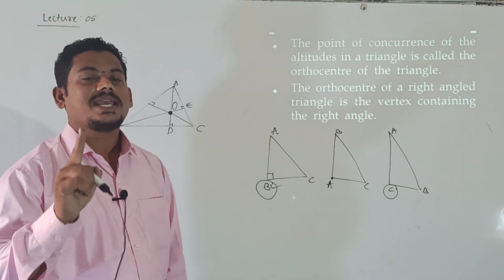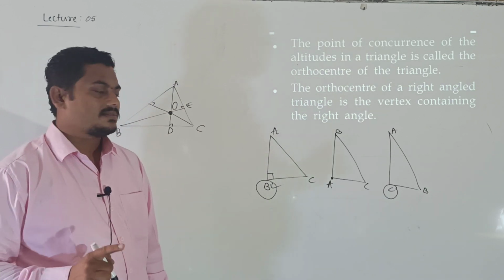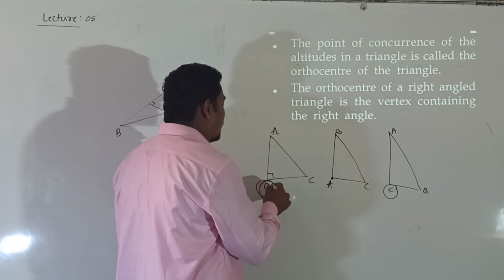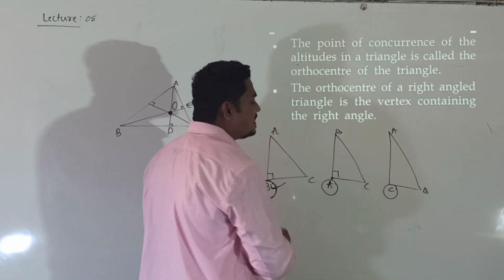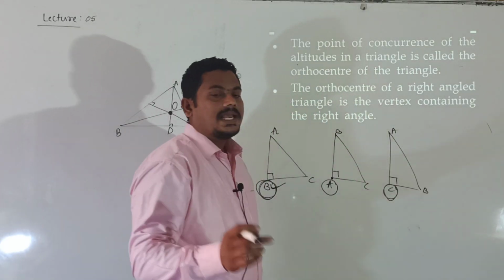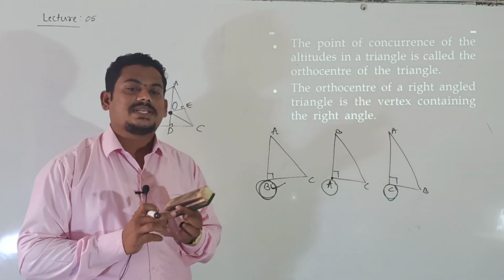In a right angle triangle, the right angled vertex is the orthocenter. In this right angle triangle, vertex B is the orthocenter. In this one, vertex A is the orthocenter. In this one, vertex C is the orthocenter.